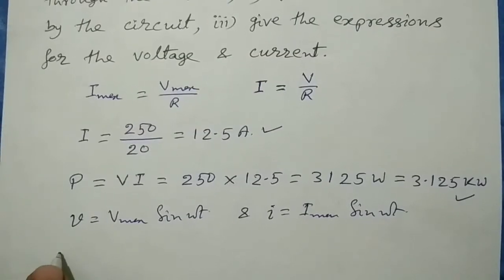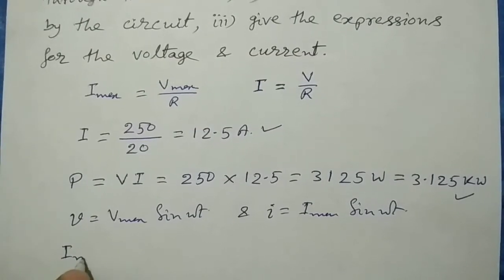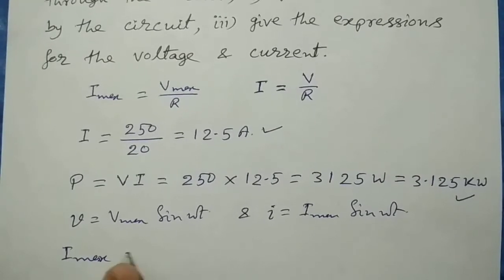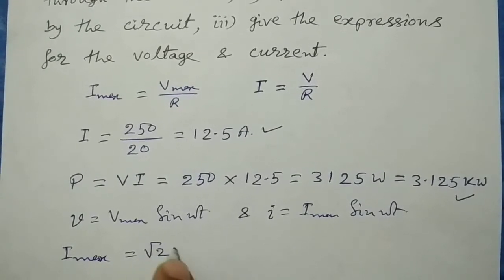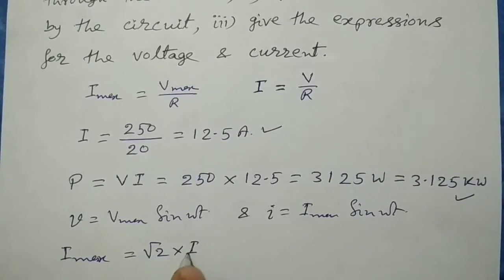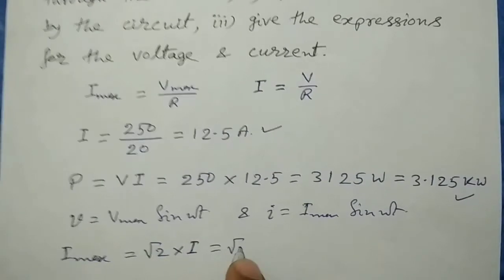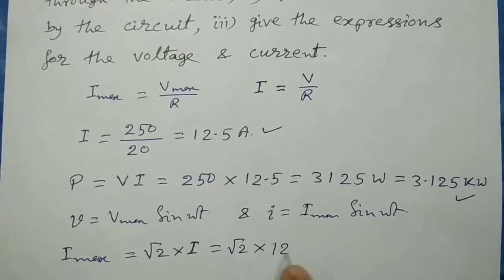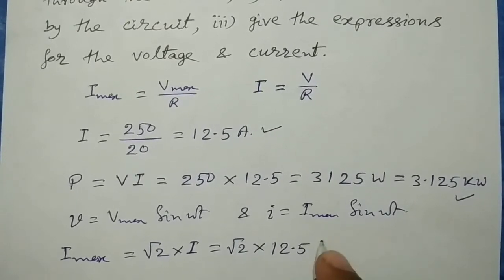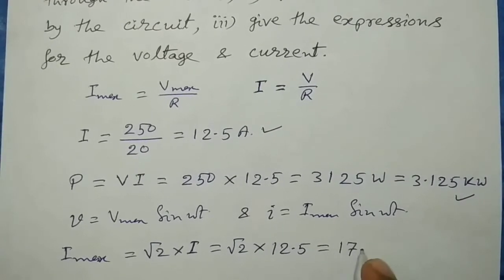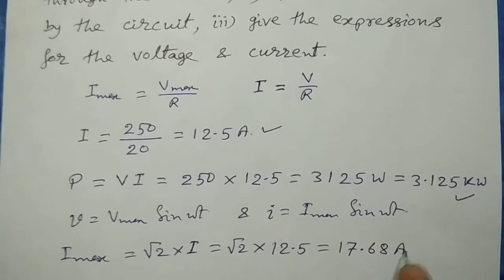Here the Imax can be written as root 2 into IRMS. So it will be root 2 into 12.5, and that is 17.68 ampere.